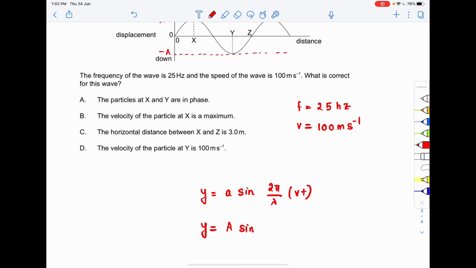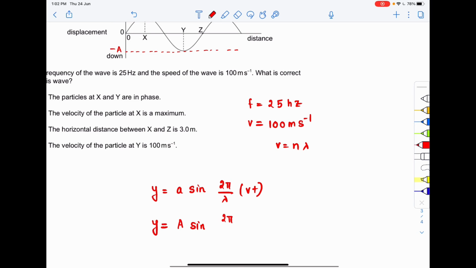Sin 2π, now what is lambda? We know the frequency and we also know the velocity, so we can write that velocity equals n λ. Velocity is 100, frequency is 25, into lambda.